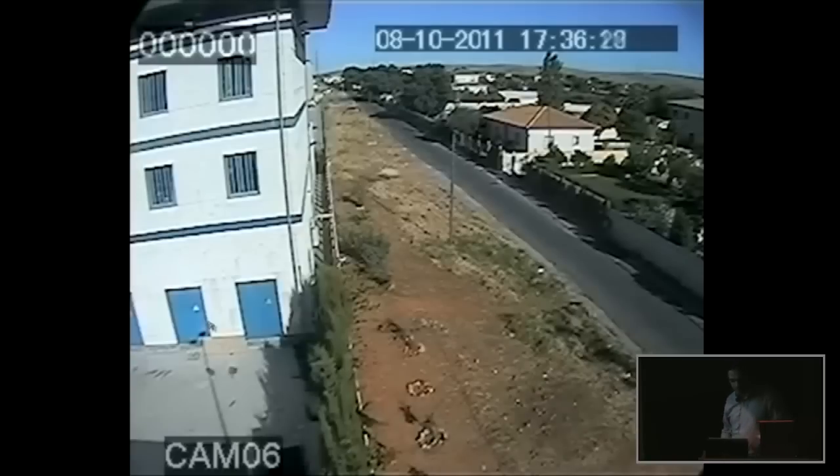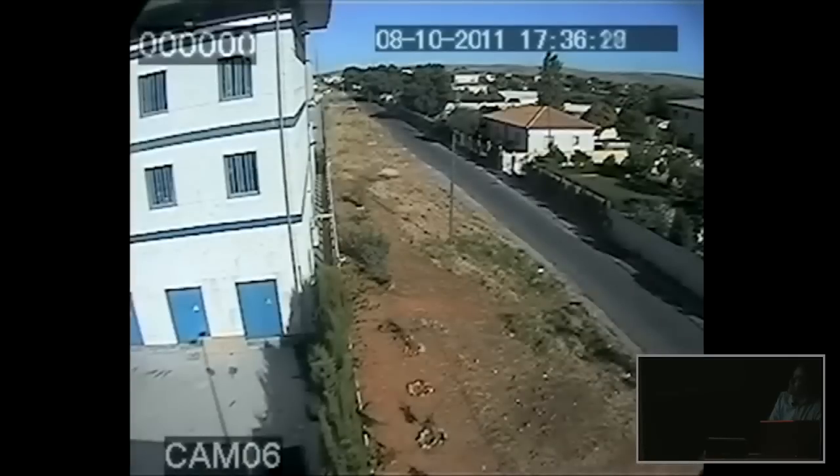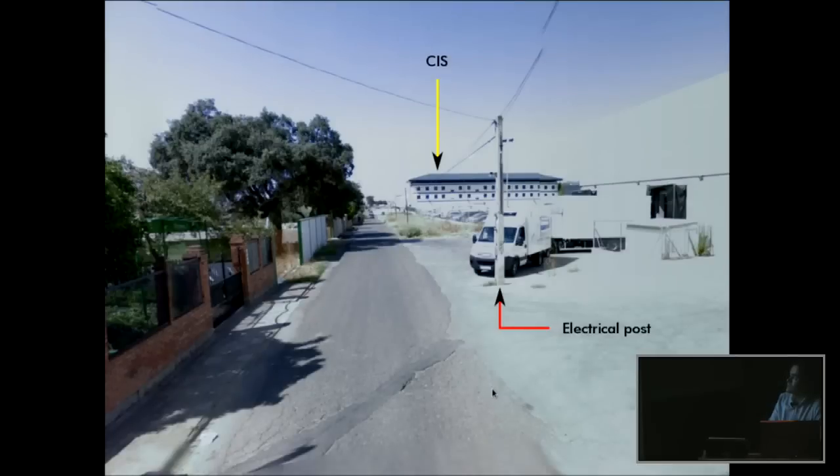The beginning of the solution of this crime is in the key difference between these two images. There is a difference that will be fundamental in this investigation, and it is this structure here. It is a white electrical post that is very far from the video camera, but when I checked on Google Street View, I saw that the electrical post is made of concrete instead of wood.